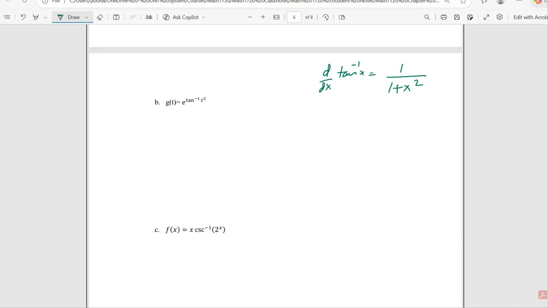To find the derivative here, the most outside function is exponential. And what was the rule of the exponential function? The same as is. So the derivative of this would be this as is, times the derivative of this function because of the chain rule.